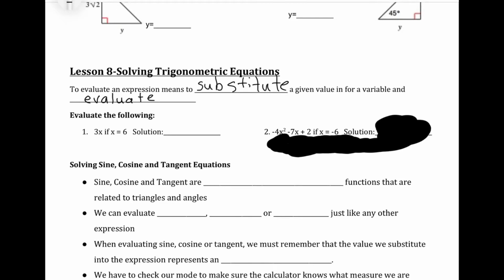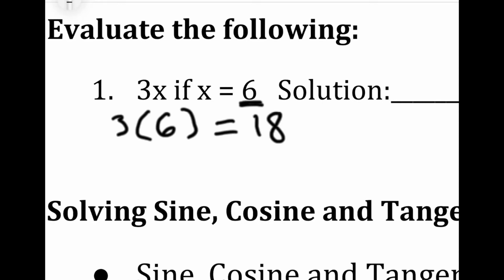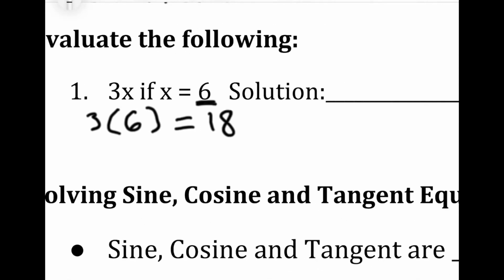So for example, to evaluate the expression 3x, you will need to substitute the value in for the variable, which is 6. So we're going to do 3, and instead of x, we're going to substitute in 6. 3 times 6 gives us 18. So that would be our solution for number 1.